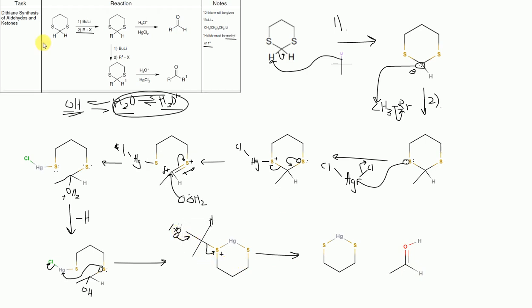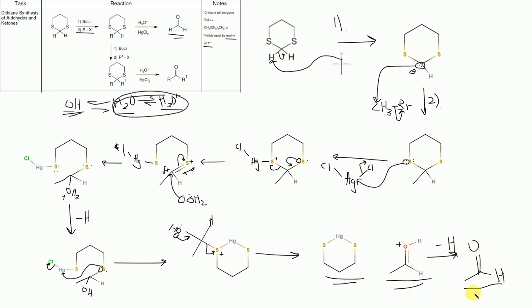So this OH, and now let's fill in some things. So this oxygen is now positive. This sulfur is now fully happy, it's bonded to this mercury. And so this is what we form. And we also form this, and this is very close to what we want in the end, right? So now you see how we've gone full circle. So now all that's left is deprotonation, and we get what we want.